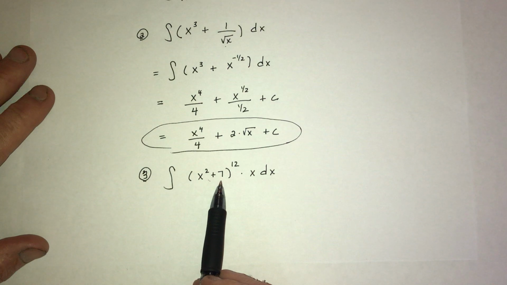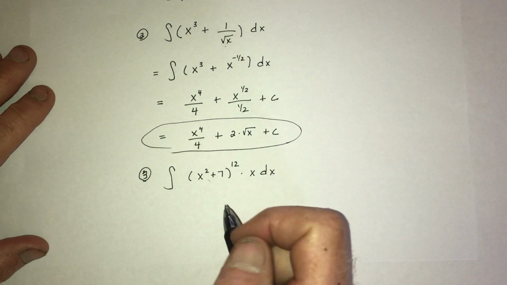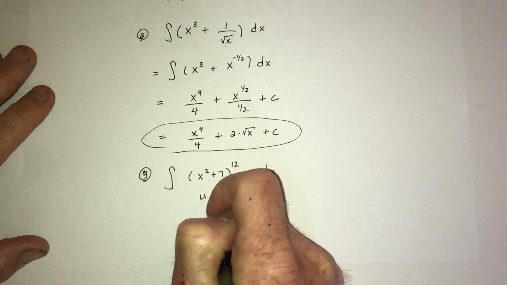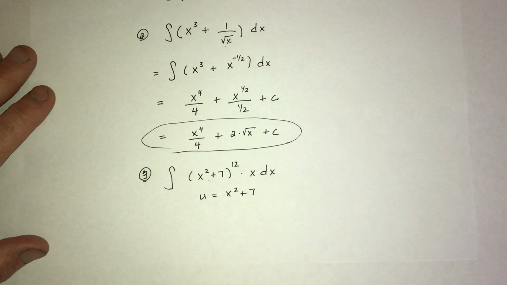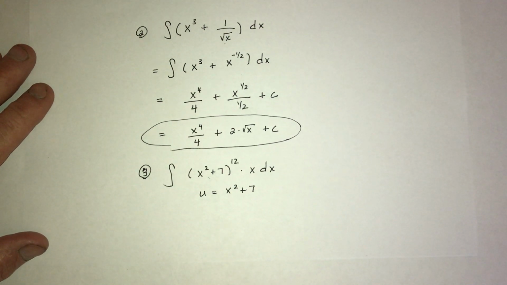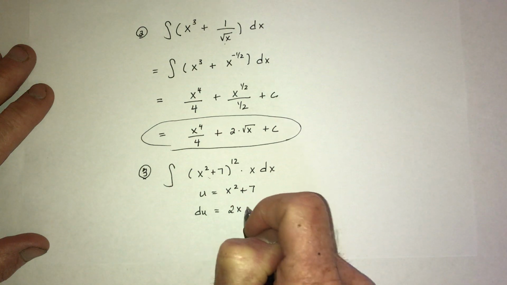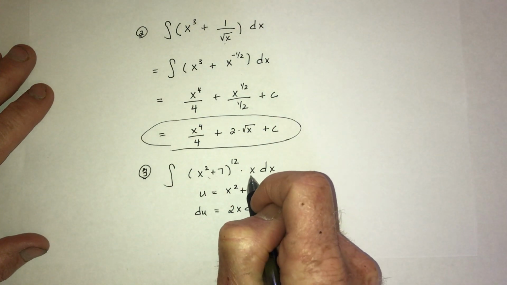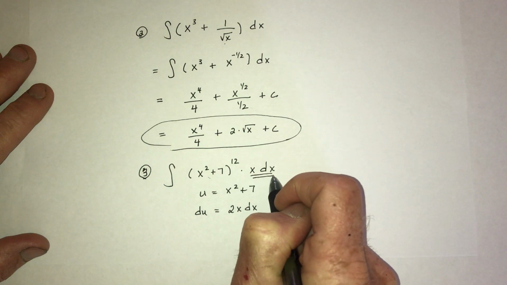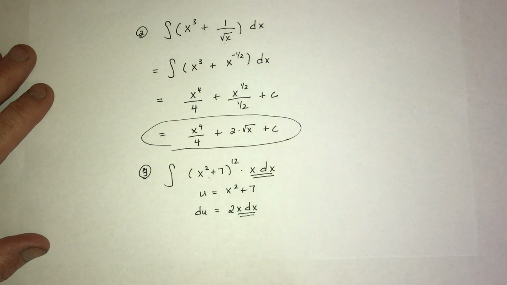Because u substitution is basically like the chain rule when taking derivatives, and we need to know not only what is the inside part, but what's the derivative of the inside. So the derivative is going to be 2x dx. Now notice that this original problem has x times dx, and we have x times dx, which is good news.